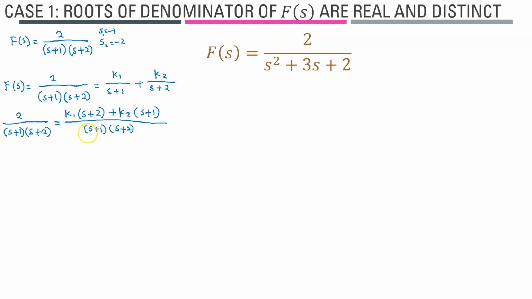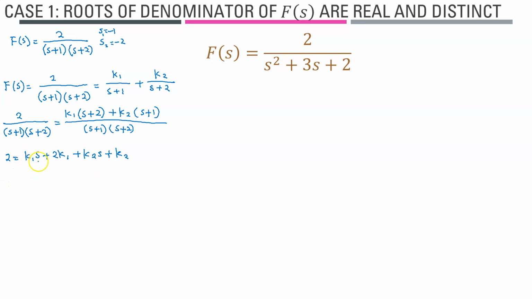Once we have the denominator equal, now we can write the numerator only, and you have to multiply this inside. Here we have 2 equals k1s plus 2k1 plus k2.